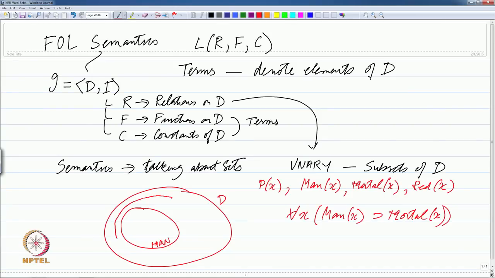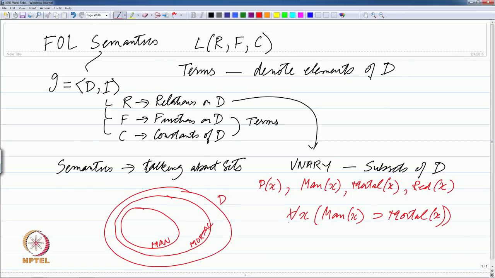It will be true if you look at it from a set perspective, that essentially we are saying that if x belongs to the set called man, then x must belong to the set called mortal essentially. That is all we are saying in this statement. For all x, if x is a man, then x is mortal, which means that my set mortal must be a superset of my set of men essentially.